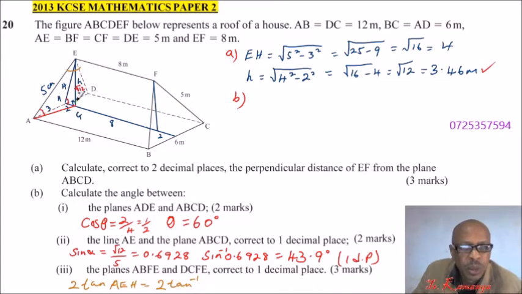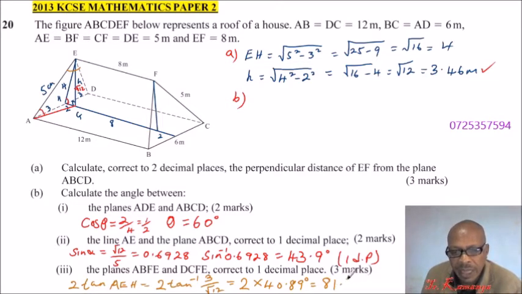So we get tan inverse of 3 divided by root 12, which is 40.89, and 2 multiplied by that gives 81.8 degrees. So the angle between these planes is 81.8 degrees. That is how you work out that question.